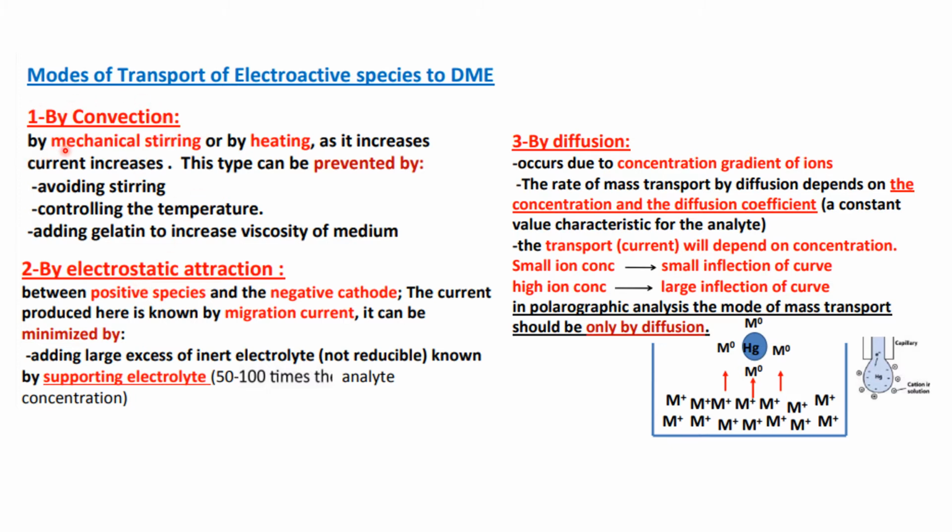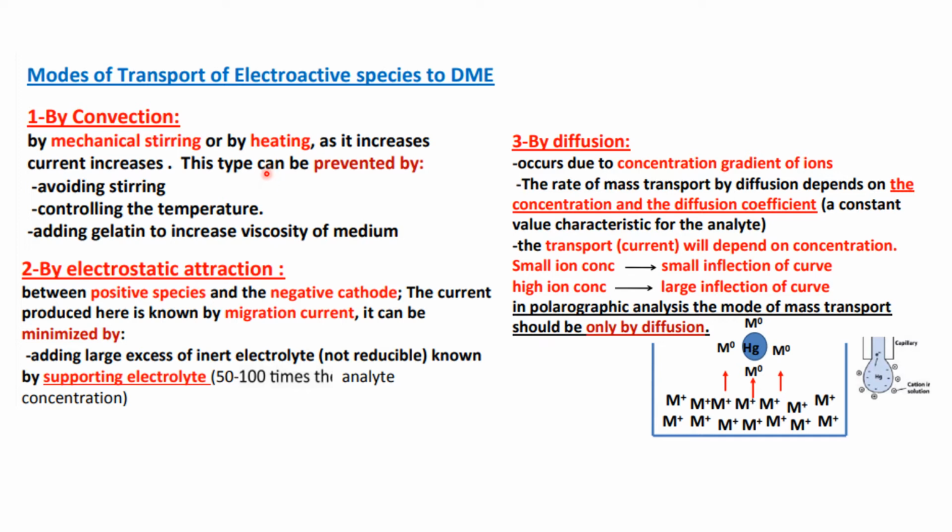We can prevent it by avoiding mechanical stirring or heating, because stirring the solution throughout the analysis or heating will increase the convection current.